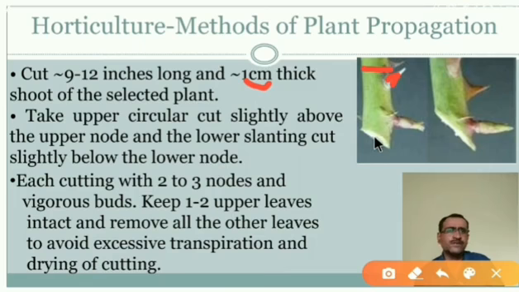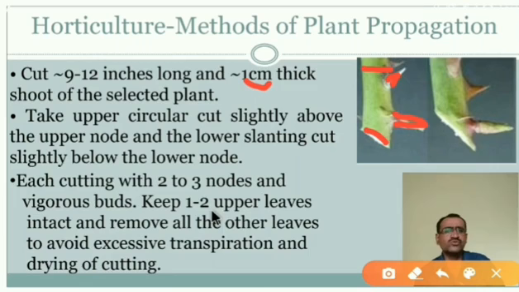This is the lower cut, below the lower node. In this way the cut on the upper and lower side is made. Each cutting should have 2 to 3 nodes and vigorous buds. Okay, minimum 2 to 3 nodes are there.